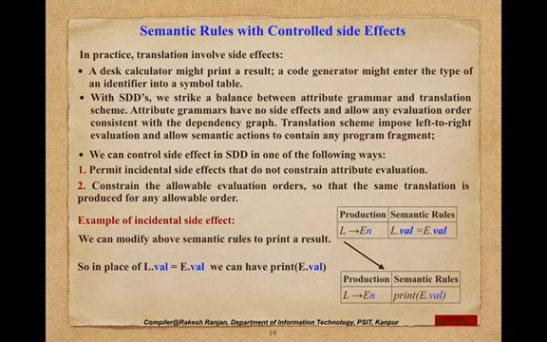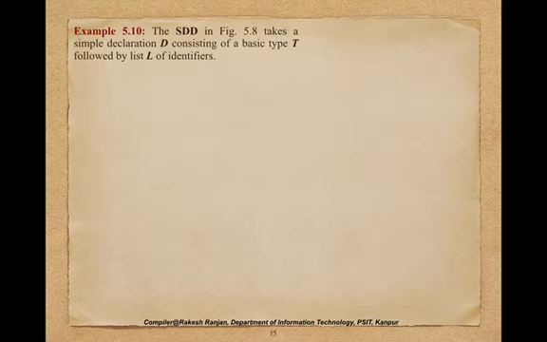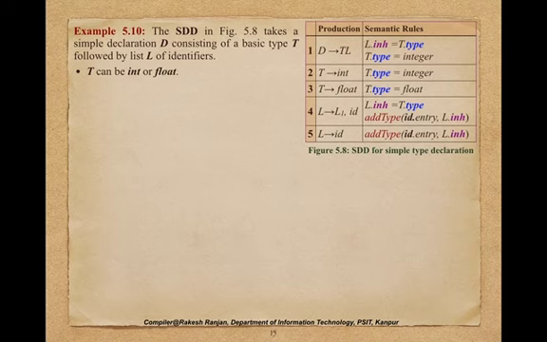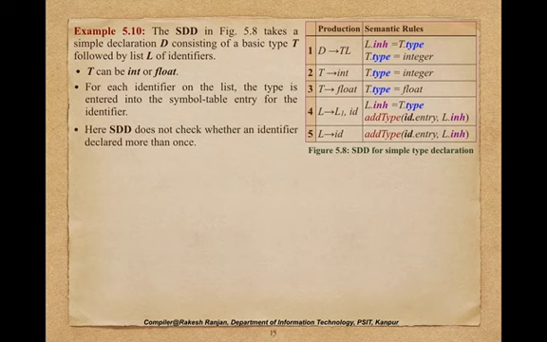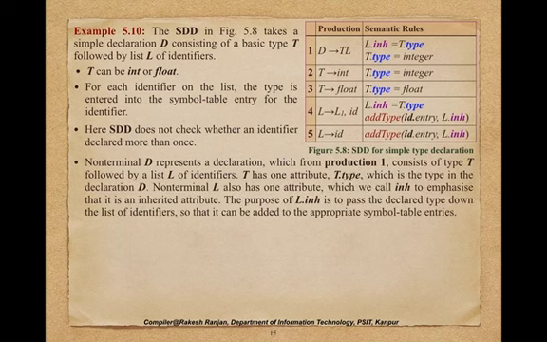So this production is okay. It's very simple. Example of the side effect. In the syntax-directed definition in figure 5.8, you can see a simple declaration D consisting of the basic type T. T can be int or float. For each identifier on the list, the type is entered into the symbol table entry for the identifier.